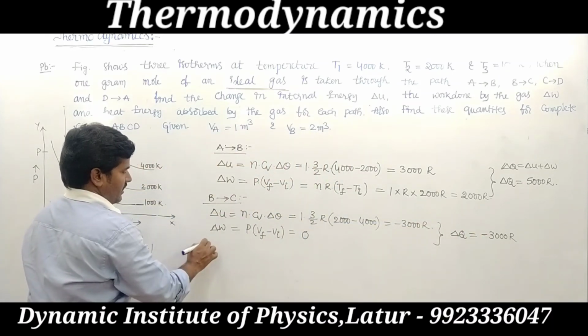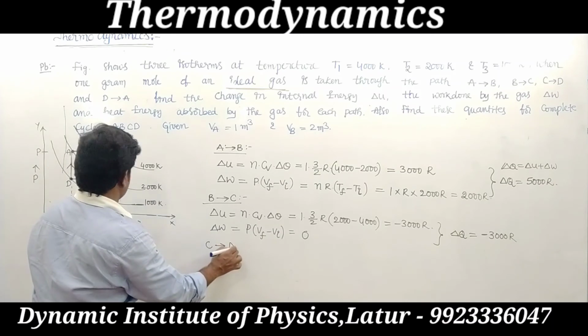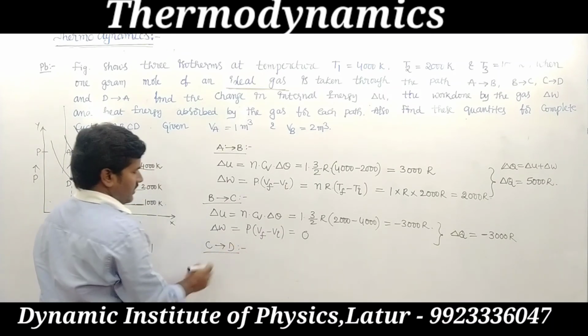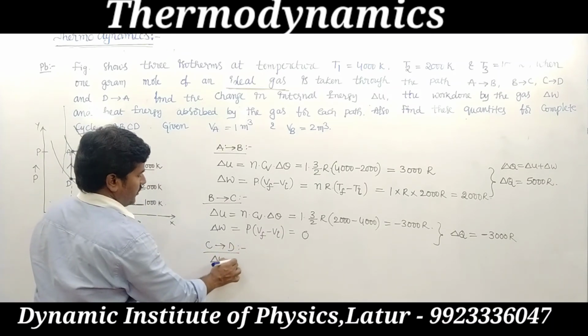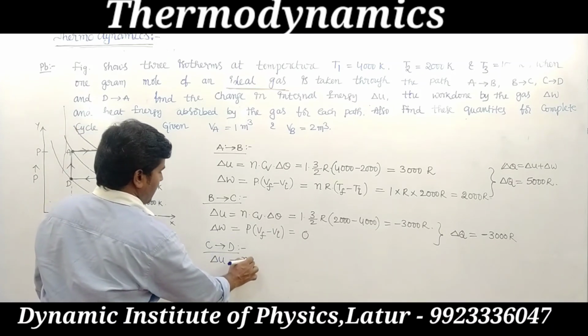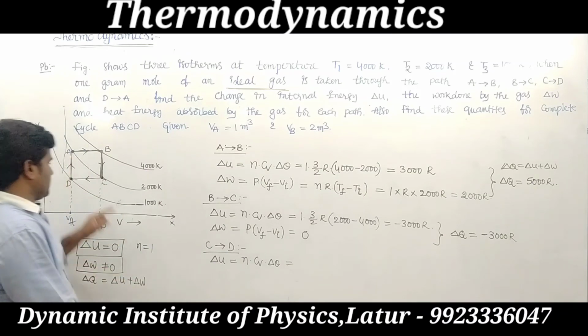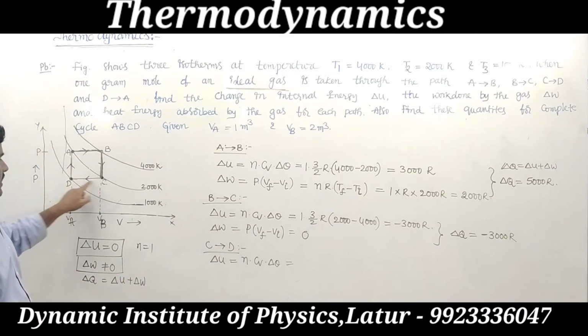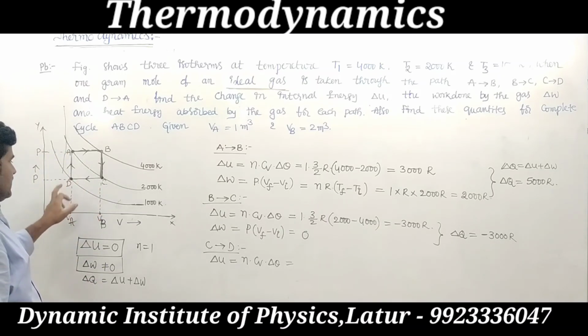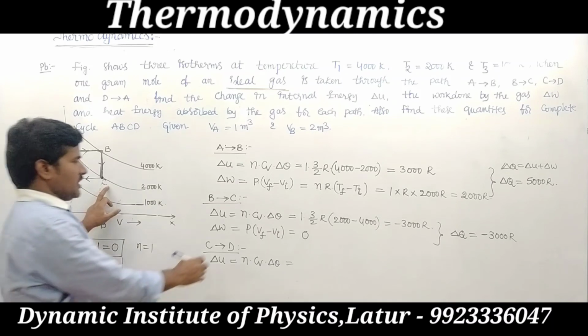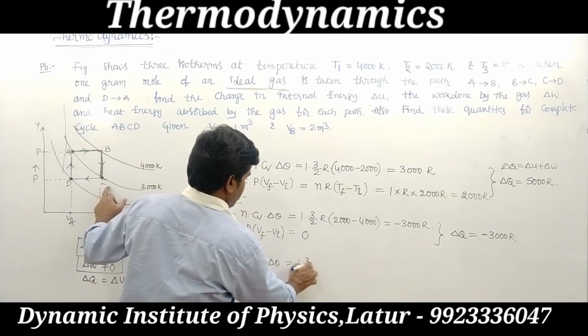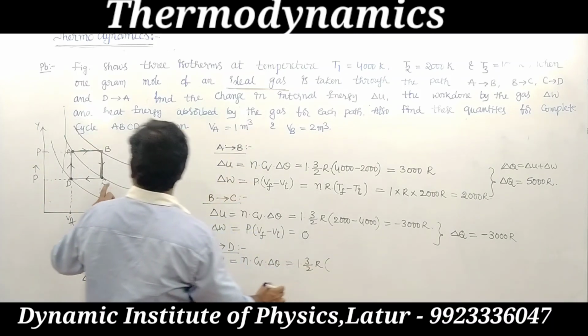So B to C is followed by C to D. For the C to D process, the internal energy delta U equals n Cv into delta theta. This is constant pressure. C to D internal energy is 1 into 3 by 2 R into the temperature change.